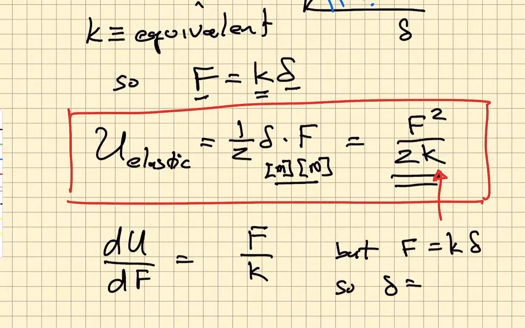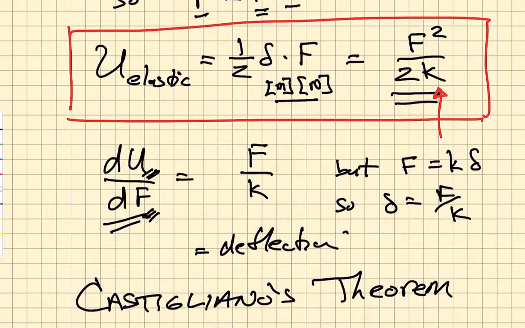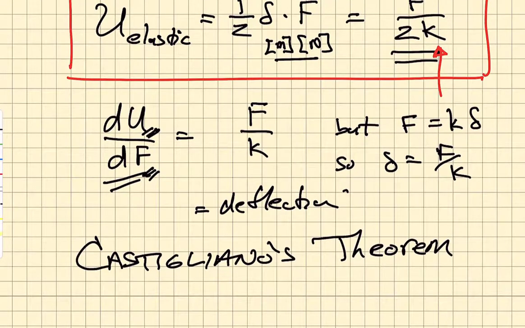So delta is equal to F over K. So if we can find an expression for the stored elastic energy in a structure, and we take the derivative with respect to the force that's being applied to it, that would then give us the deflection. And this is the basis of Castigliano's theorem. The only complication in Castigliano's theorem is figuring out what the stored elastic energy happens to be.